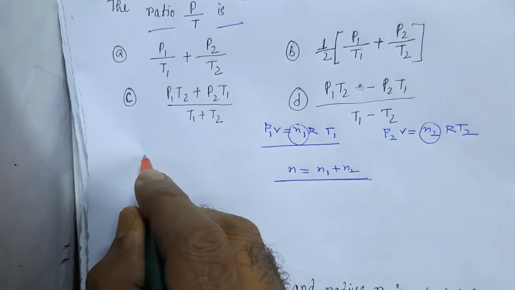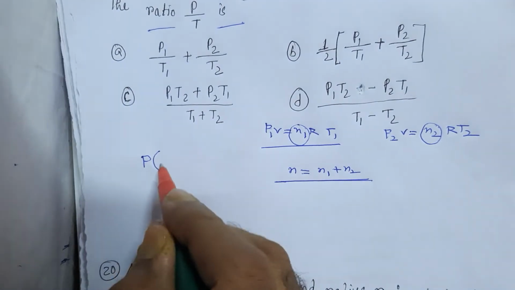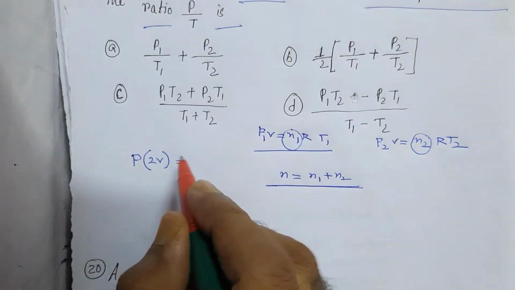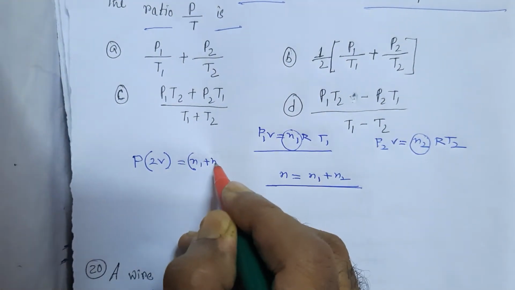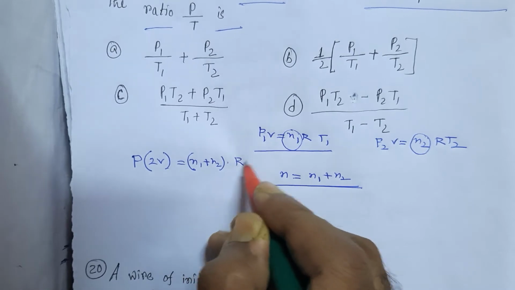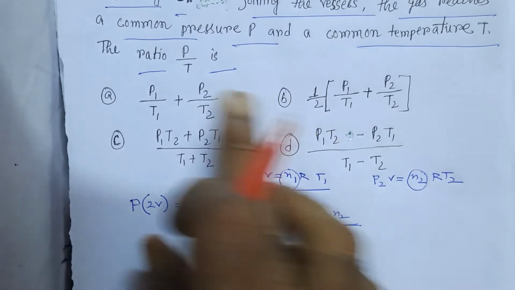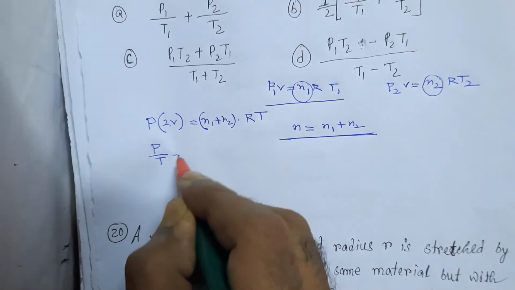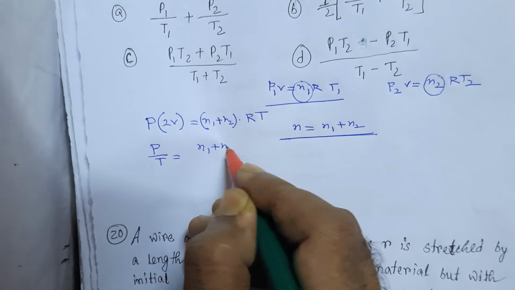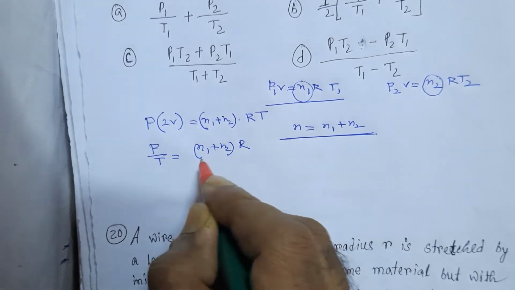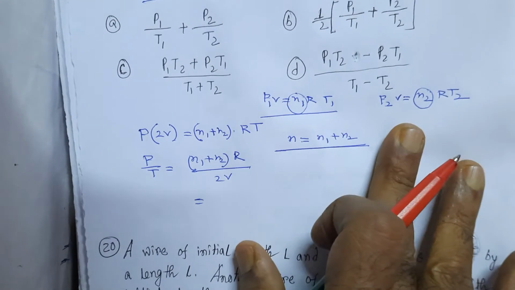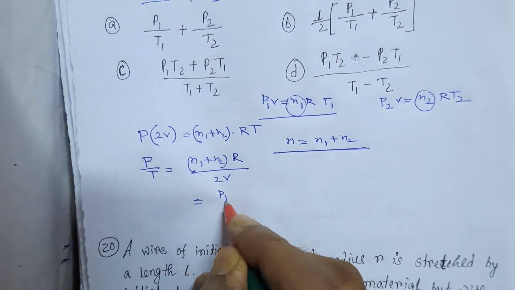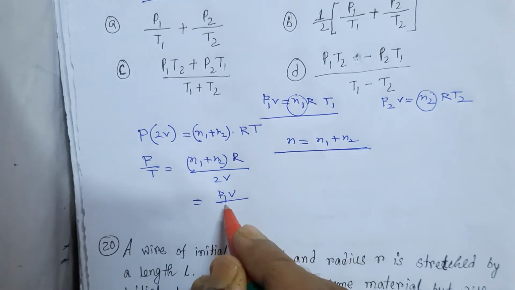Now, the pressure P, the volume is twice V when they are connected. The total gas is equal to N1 plus N2, that is N, into RT. We have to calculate P/T, then P/T equals (N1 plus N2) into R/2V. What is N1? N1 equals P1V/RT1.